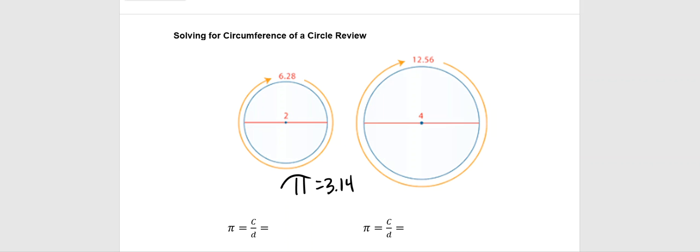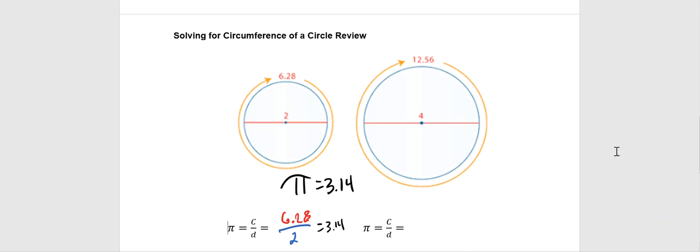So you look at the first circle that we have here, you notice the circumference that's drawn around is 6.28 units, and it's being divided by a diameter of 2 units. And that does indeed, if you do your calculations, turn out to give us a value of 3.14.